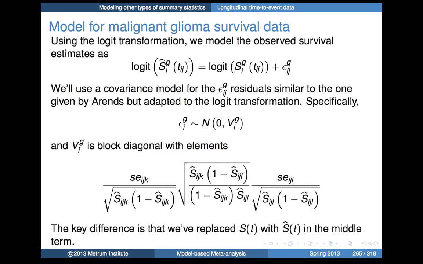The model for the observed values, the data, if you will, rather than using the log minus log transformation that was used by Ahrens and colleagues, we'll use a logit transformation. Again, that transformation transforms that 0-1 scale to a minus infinity to infinity scale.